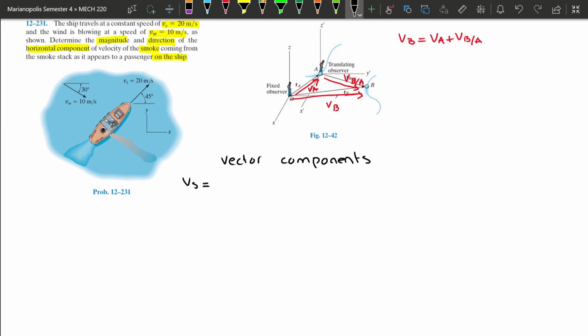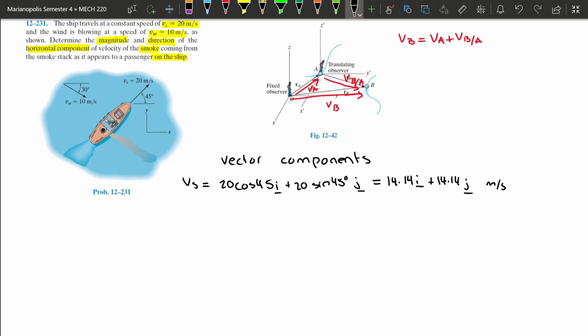Breaking that down, we get Vs is equal to 20 cos 45 i plus 20 sine 45 j meters per second, and let's solve that to make it simpler: 14.14 i plus 14.14 j. And this is meters per second.